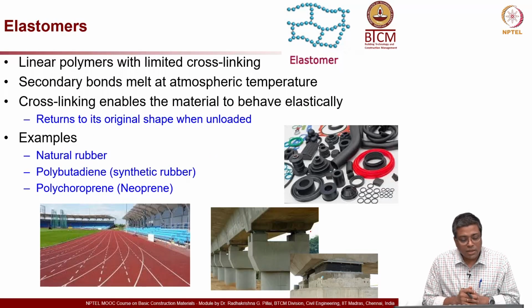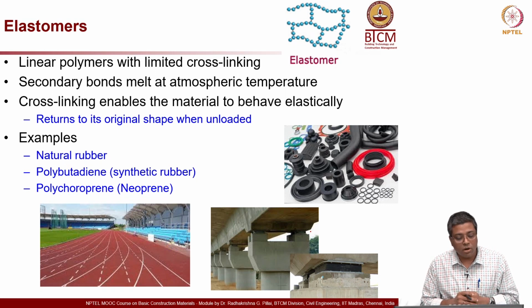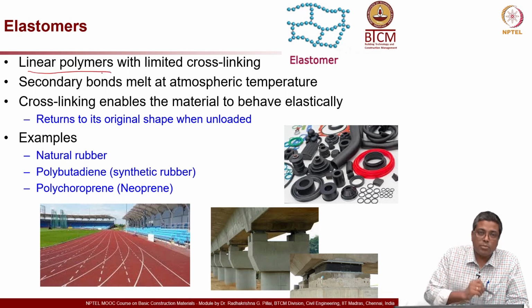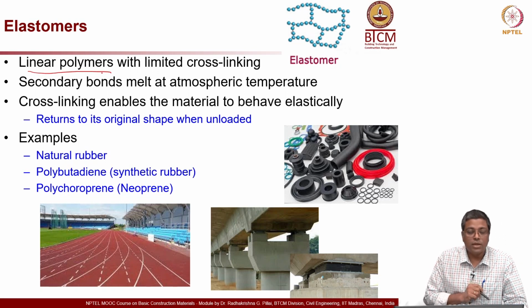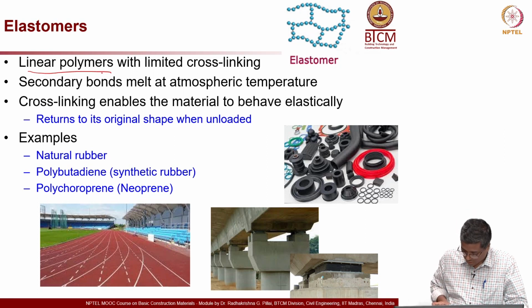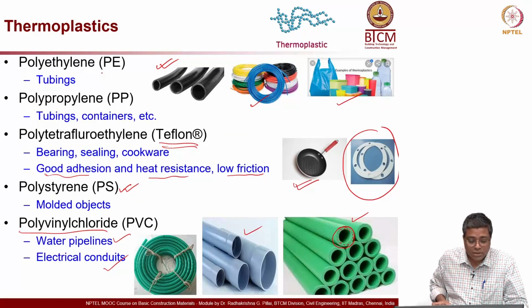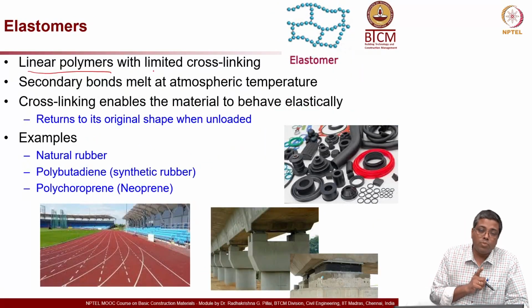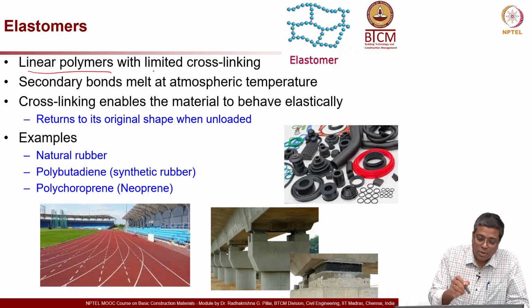Okay. Now, another material which again comes in the category of organic solids is elastomers. Now, again these are linear polymers, like the thermoplastics we talked about earlier. In thermoplastics, they did not have cross linking chains, but here they do have, but very limited.